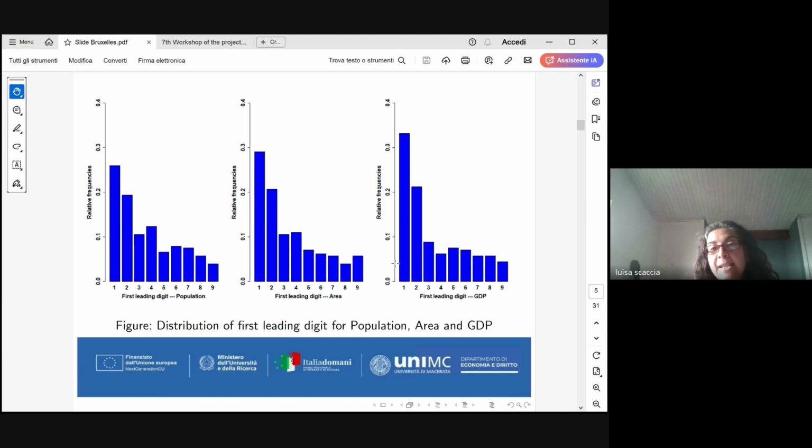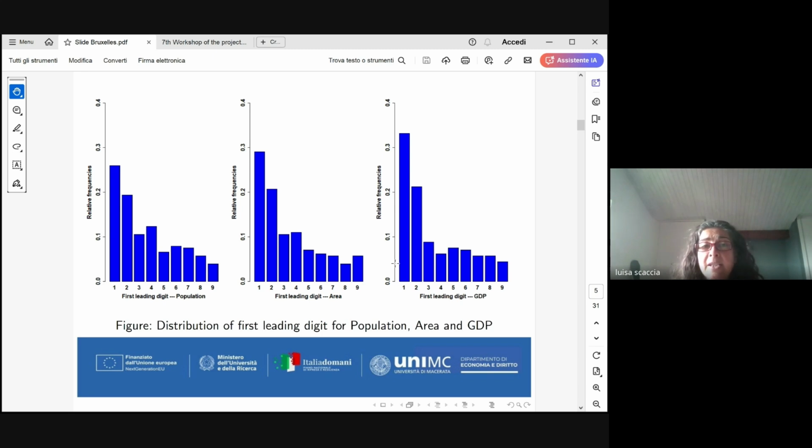And we can see that the 3 distributions are very similar to each other, and above all are far from a uniform distribution. We might think that one has the same probability of 2 or of 9 to occur as first digit in a number. But this is not the case.